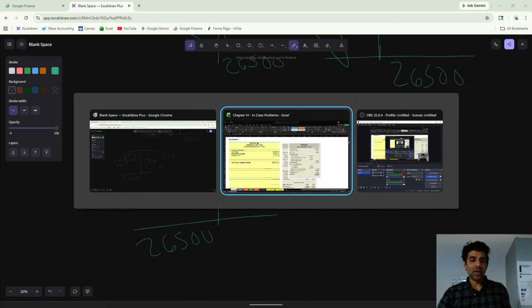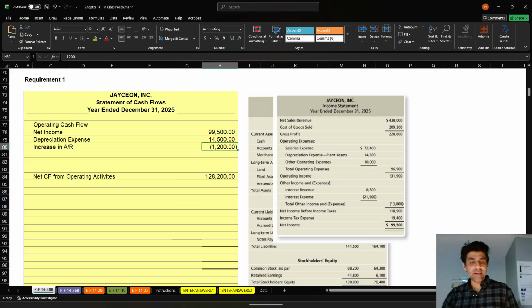Again, we're trying to adjust net income, which includes this full $438,000, for how much cash flow came in. And we just saw with the T account that it wasn't a full 438,000 of cash that came in. It was slightly less than that. So that's why this is a negative adjustment.